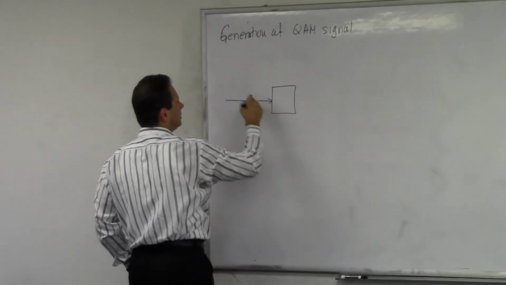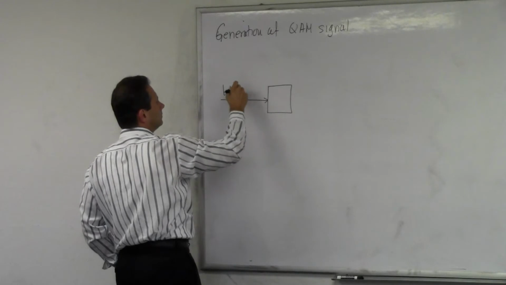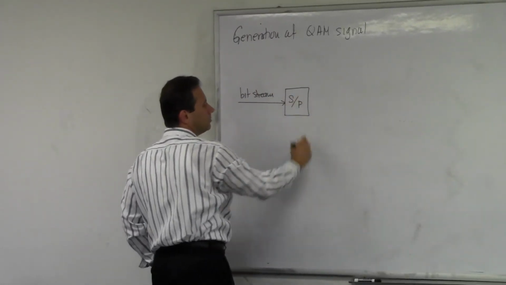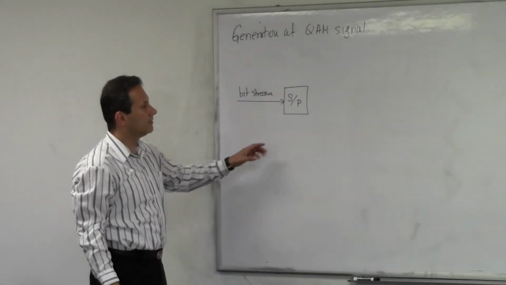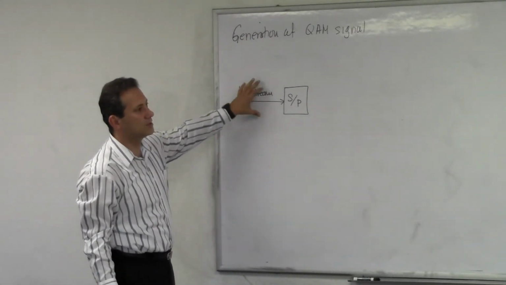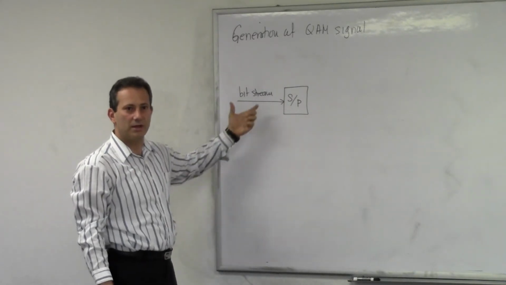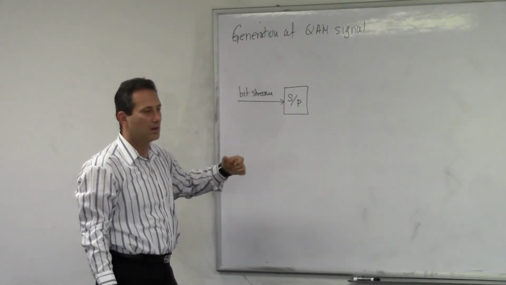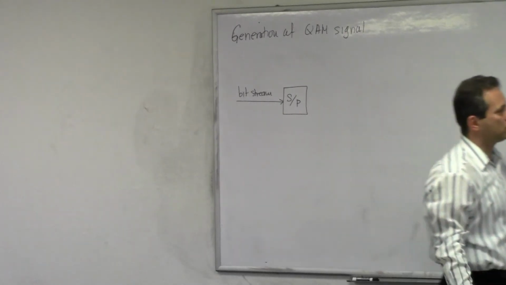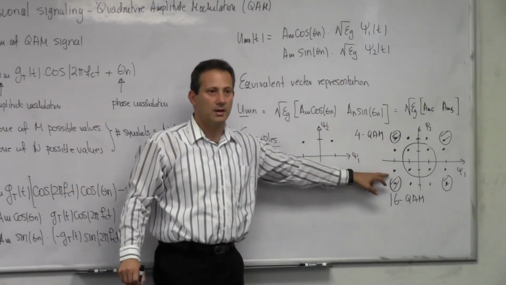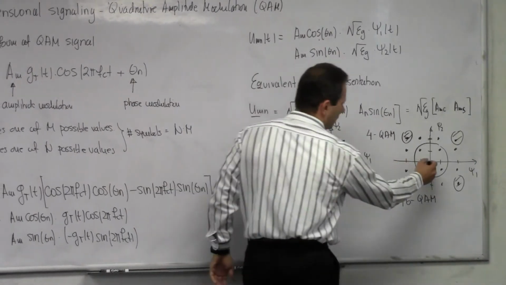You have the bit stream coming in. There is our S to P device. The S to P device says, okay, whatever combination of bits I have, let's say I'm using a 16 quant, so I take 4 bits at a time. I identify these 4 bits with one of the symbols in this constellation here, and then I calculate the value.